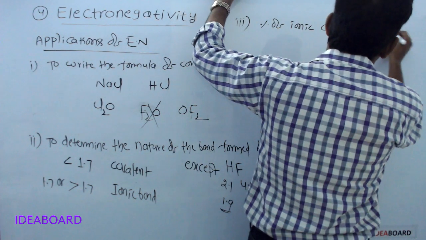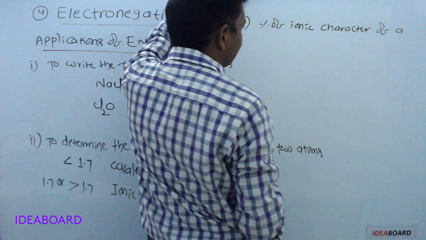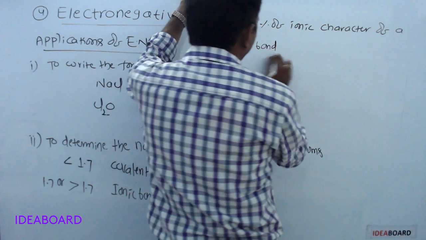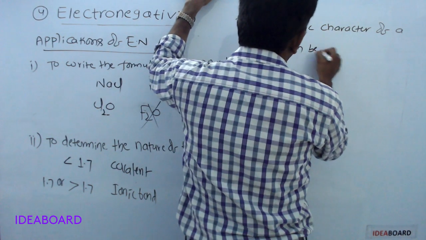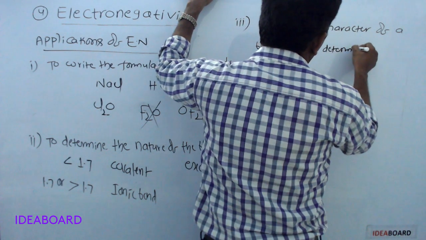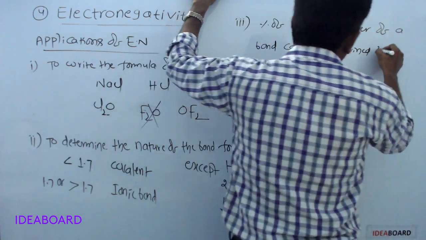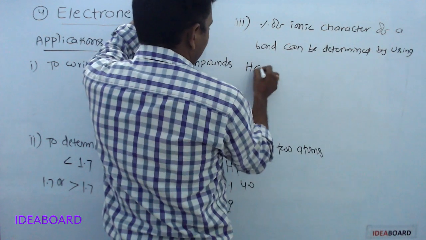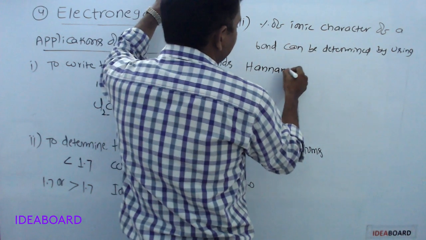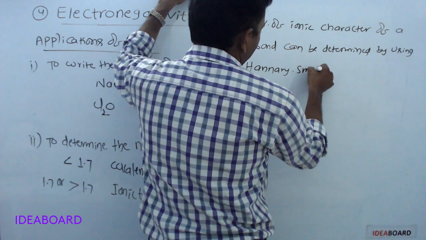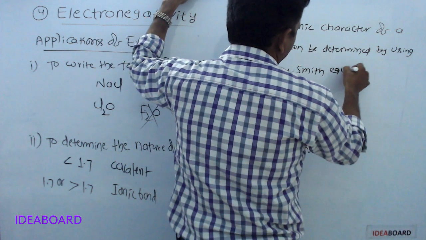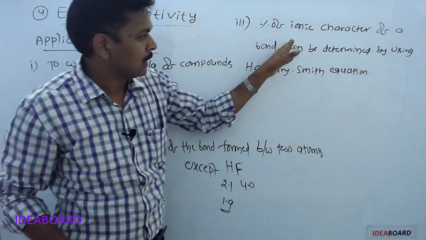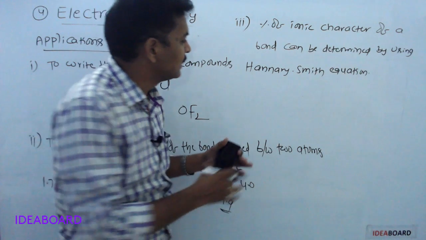The percentage of ionic character of a bond can be determined by using the Hannay-Smith equation.